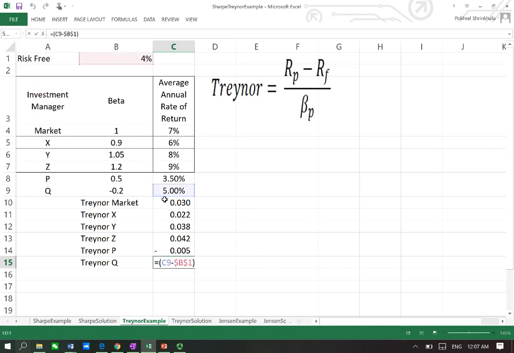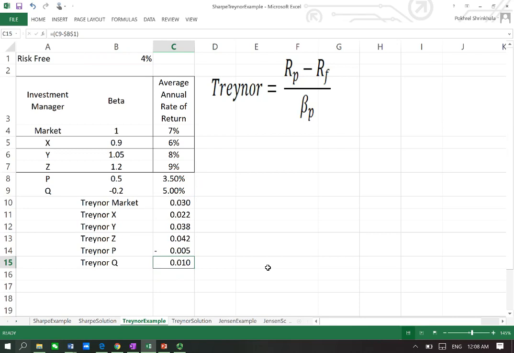So that's 5% minus 4%, which will give you positive 1.